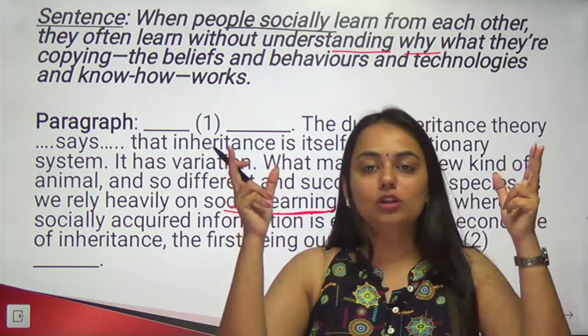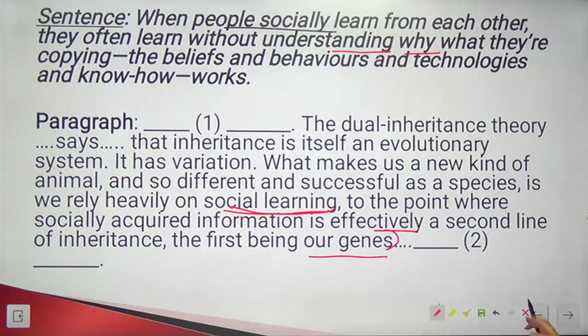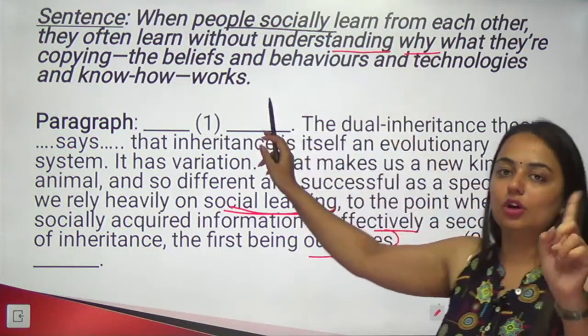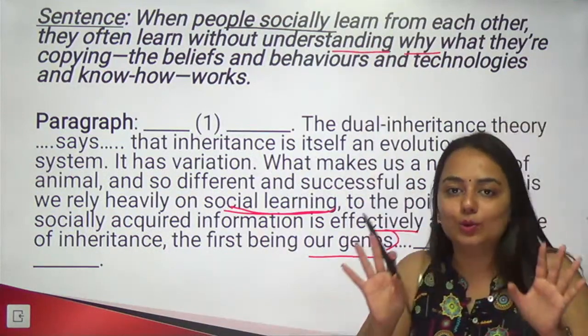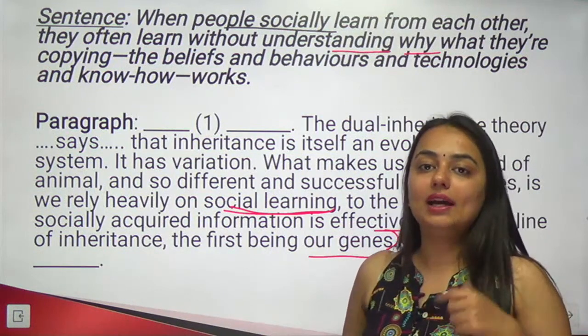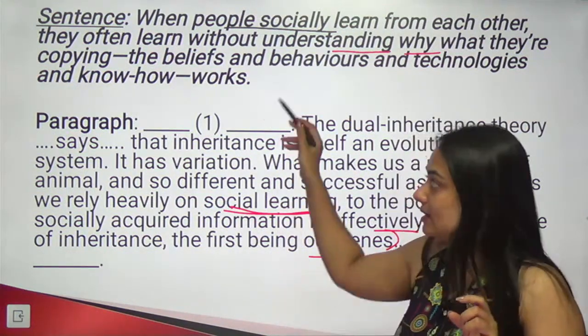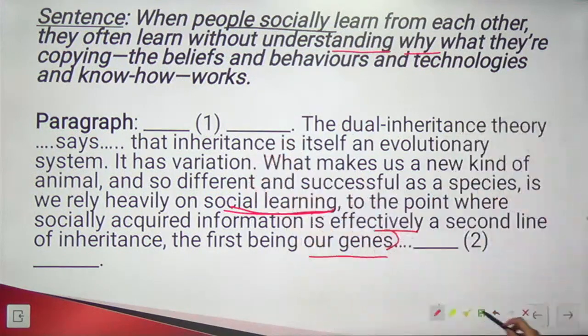So from broader to narrower, this should be the order. So one thing is clear, this sentence will not come in the first sentence. Moreover, it doesn't sound like a concluding sentence also. So this question can be solved by elimination method. It doesn't sound like a conclusion, and it is not fitting in the introduction also.